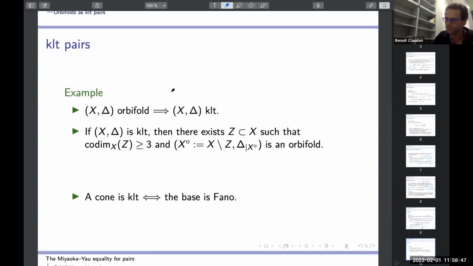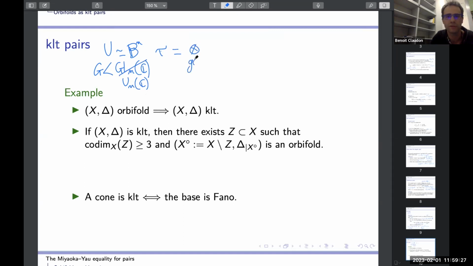So of course, an orbifold is a KLT pair. So if U is the ball B^n, then we can look at G, a subgroup of U(n), so it acts on the ball, and we can look at this form.